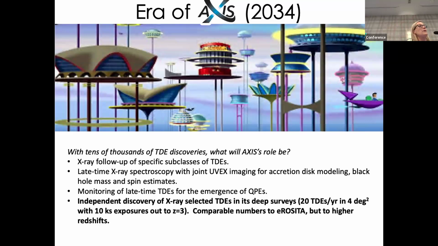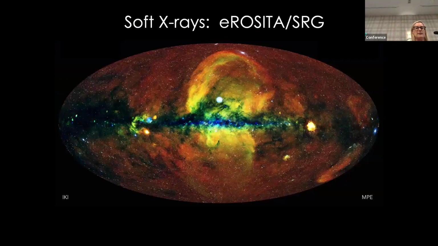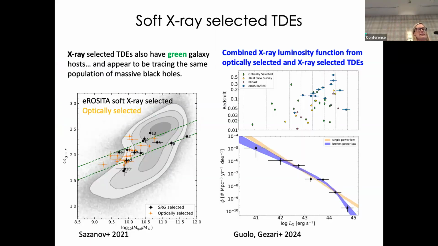So these are going to be comparable to the numbers that eROSITA is finding now, but to higher redshifts, which may be interesting. And just to remind you that eROSITA, which has this spectacular wide field view of the soft X-ray universe, has indeed been discovering TDEs on the order of tens of them.